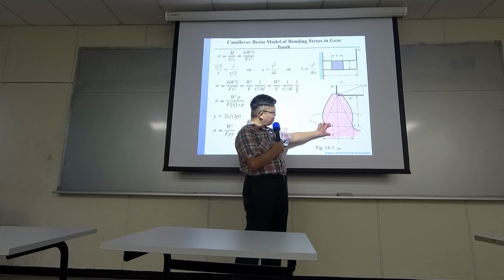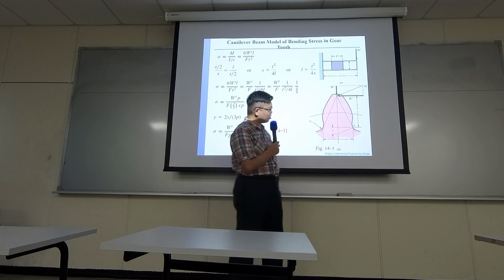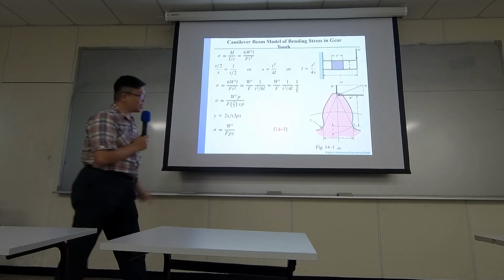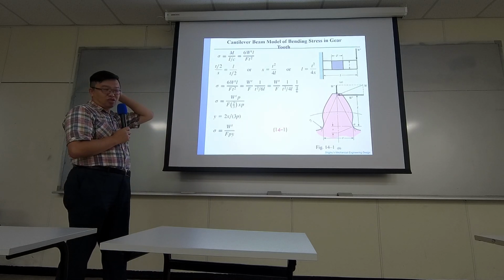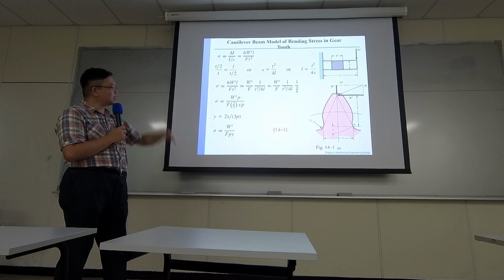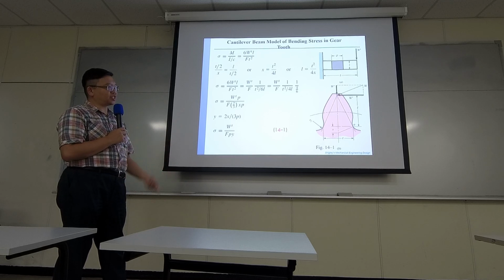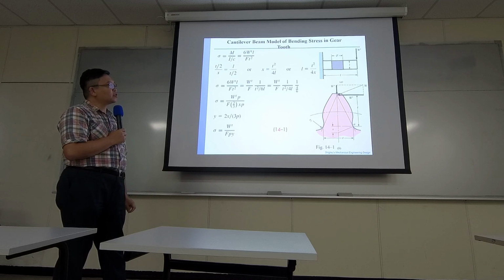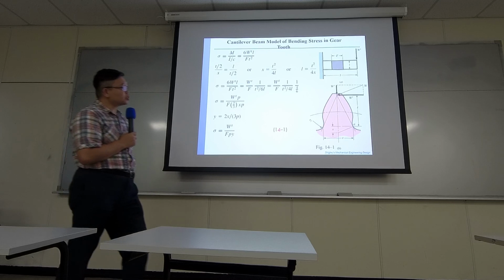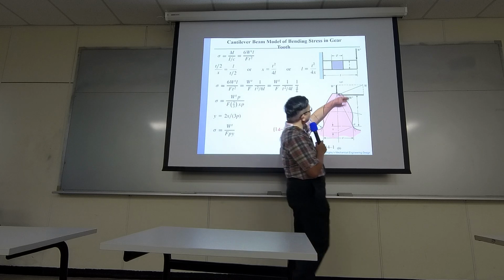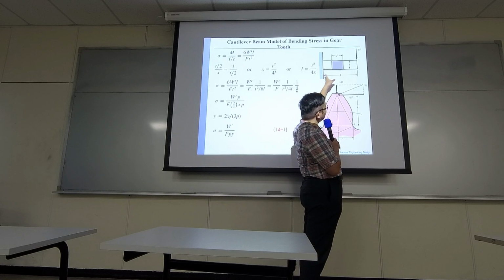Okay, and from geometry they call this dimension x. So that x will be used later on for dimensionless analysis. Okay, so once you have the length, they treat this beam as the same length.